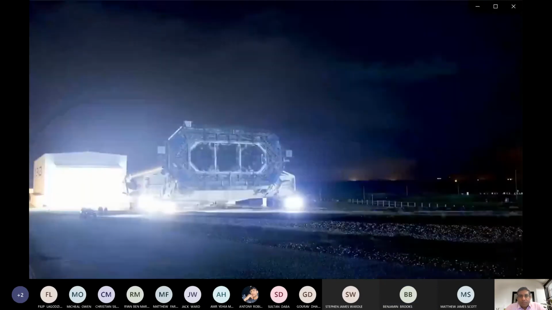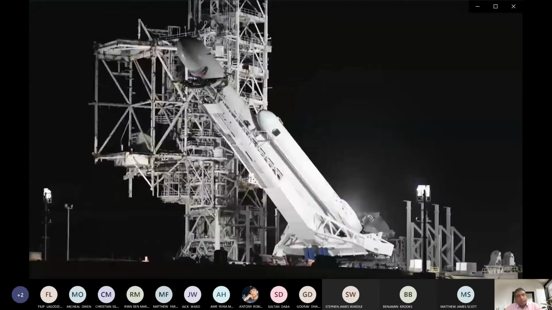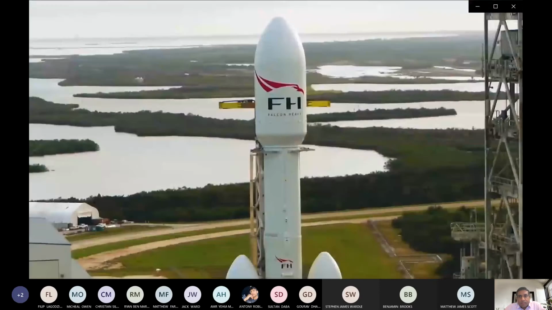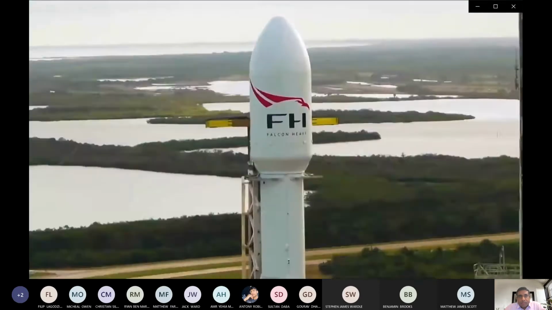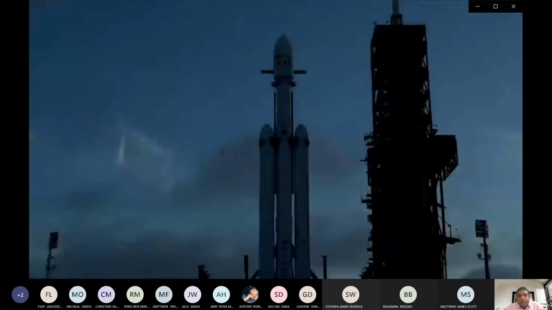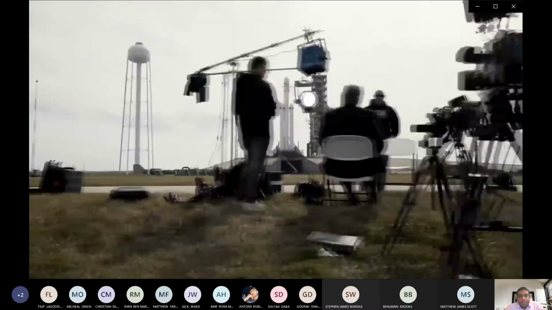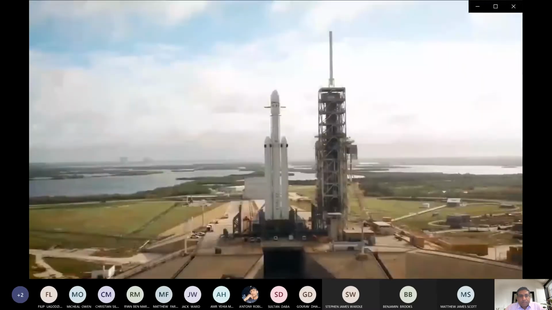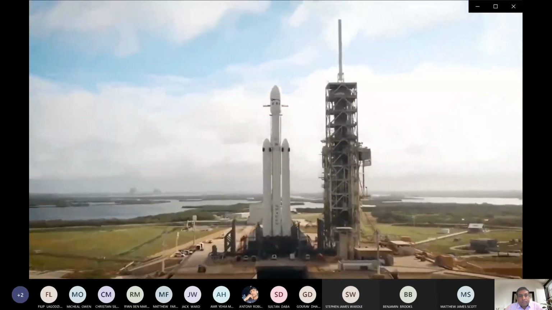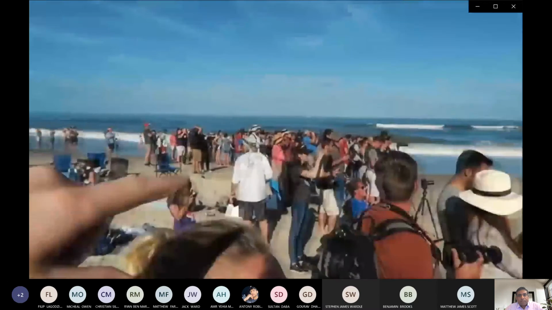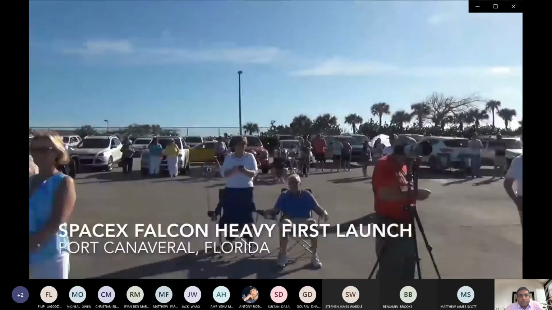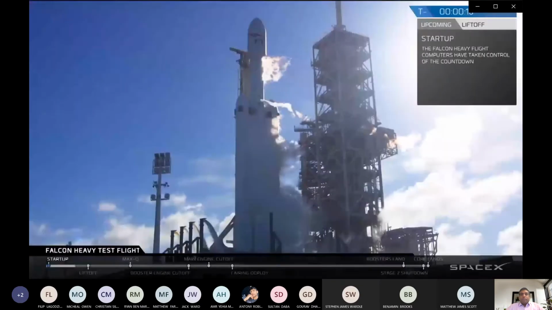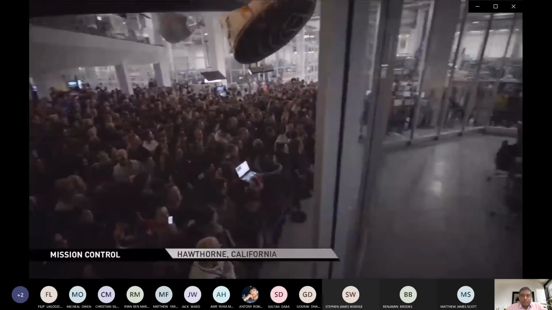Most space organizations, government or commercial, have set their sights too low. They've really built relatively small rockets. And Falcon Heavy is the first time that there's something that's arguably even in the super heavy class, or somewhere between heavy and super heavy. 5 million pounds of thrust is a really crazy amount of power, more than twice as much payload as any other rocket. It can launch things direct to Pluto, no stop needed. Hotels in the area are completely sold out. Parking lots are packed. It's like the first time something exciting has happened in rocket launch in a very long time. Falcon Heavy is configured for flight. T-minus 15, standby for terminal count.